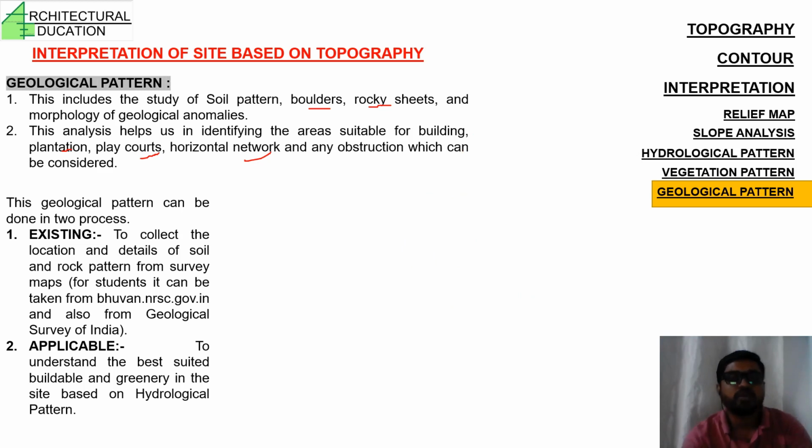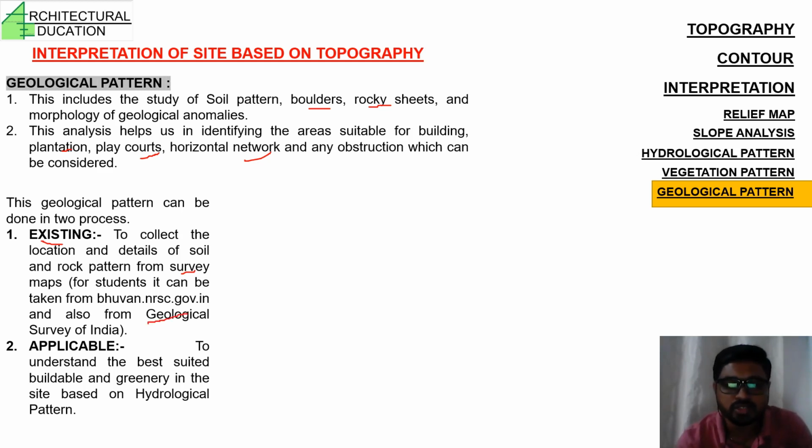Now, next one. There are two ways in which you can find out about the geological factor: one is the existing one and the second one is the applicable one. As usual, it goes along similar lines as the vegetation pattern, where in the existing one you will do a survey by going to the site and get the details from it.